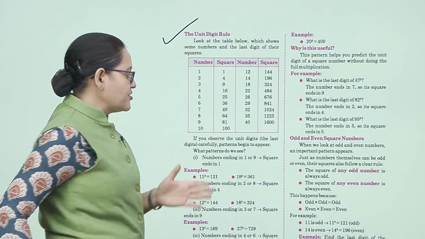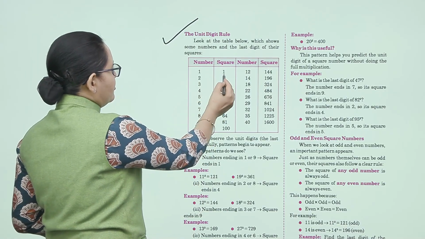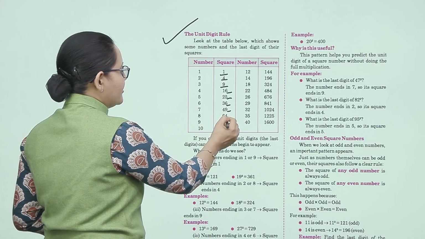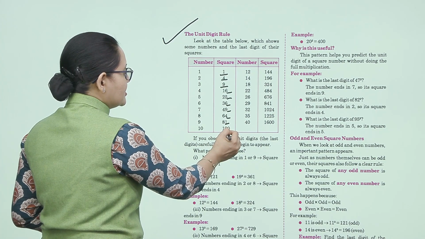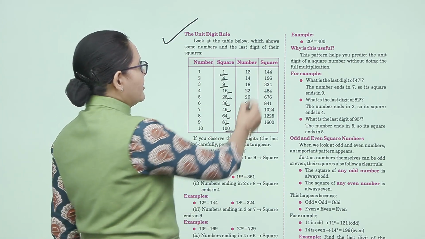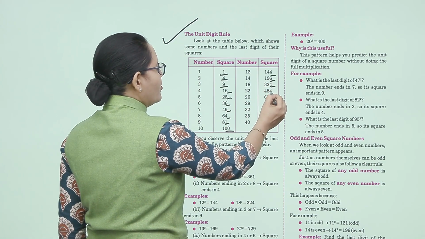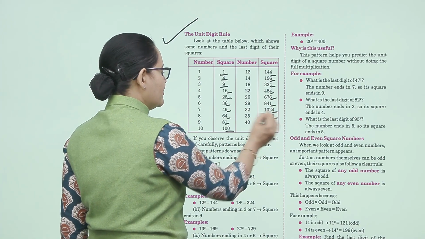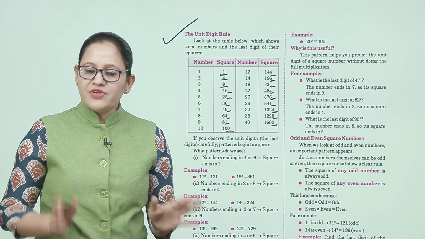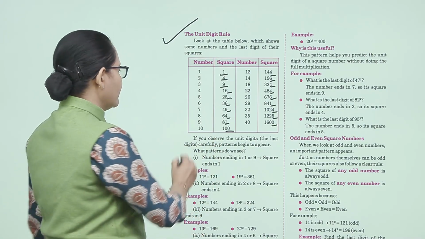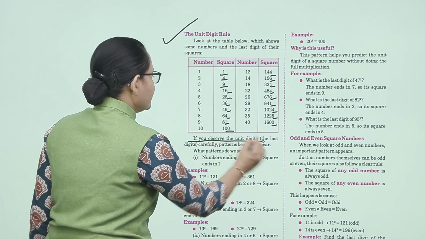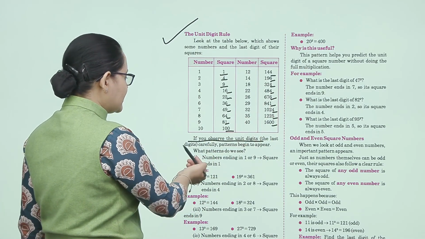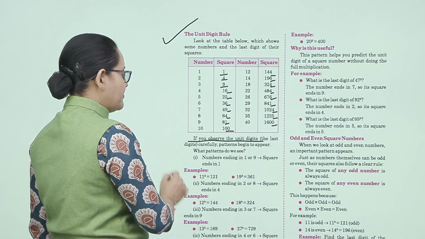We can see the last digits are 1, 4, 9, 6, 5, 6, 9, 4, 1, 0, 4, 6, 4, 4, 6, 1, 4, 5 and 0. If you observe the unit digit, that is, the first digit from the right-hand side, the last digit, carefully, a pattern begins to appear.